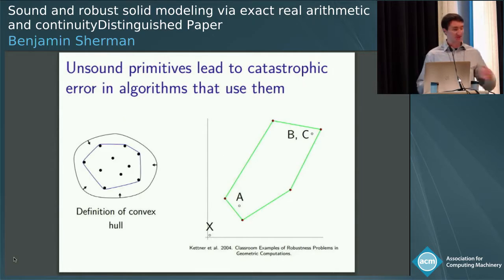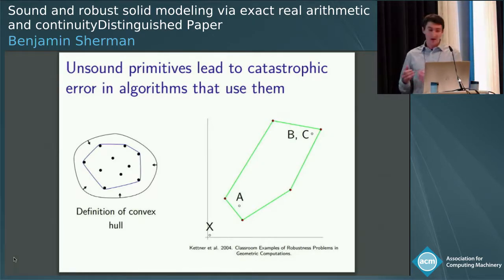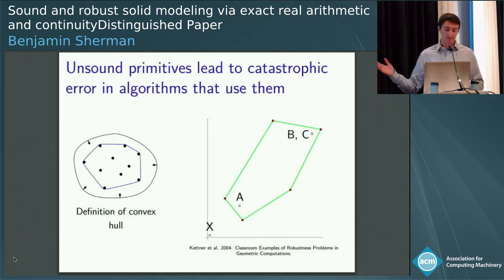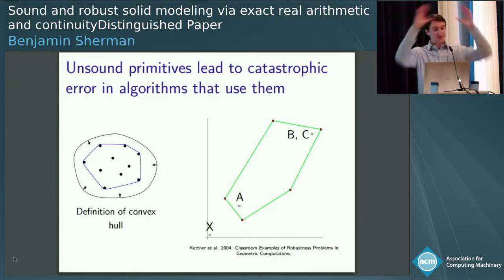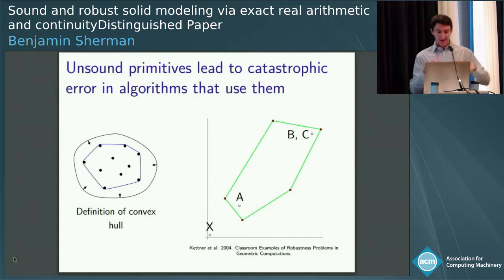But if you use this as a primitive to design a larger algorithm, you can get catastrophic errors, and that's what this slide is showing. Here we have a convex hull algorithm that's using that primitive. We want to find the convex hull of a set of points in the plane. You can think of that as taking a big elastic band around all the points and letting it contract onto the points, and it's the region spanned by that perimeter.